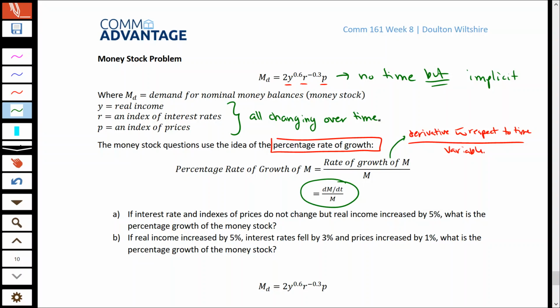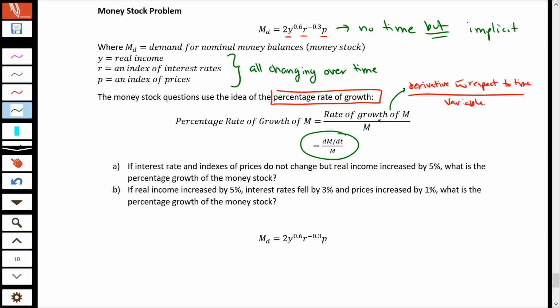Whether we're answering A or B, our approach to solving this problem is going to be the exact same. We're going to do two things. One, we're going to ln the equation. And then two, we're going to take the implicit derivative with respect to time.